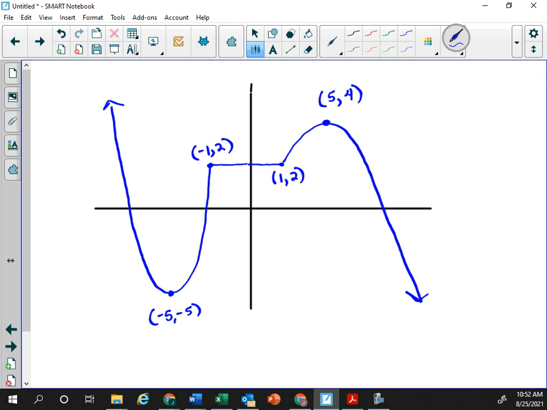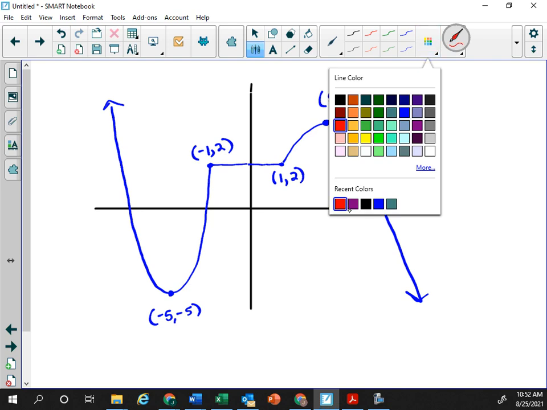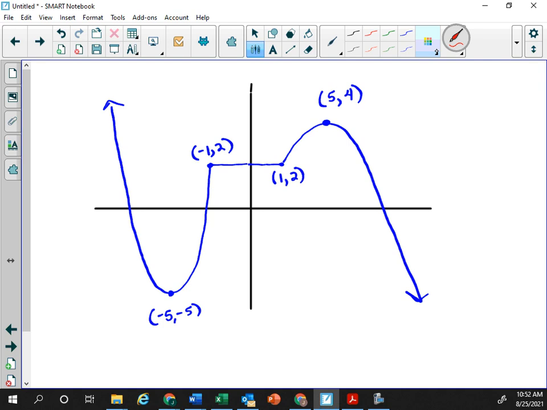All right. We are going to look at where this is constant. What do you think, guys? Well, let me give you another minute. Make sure you've got the graph jotted down.